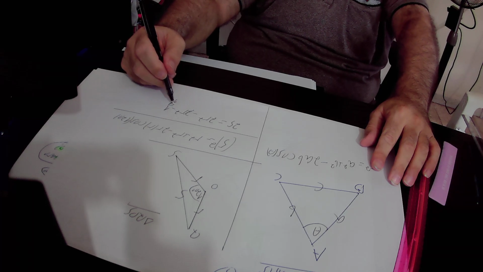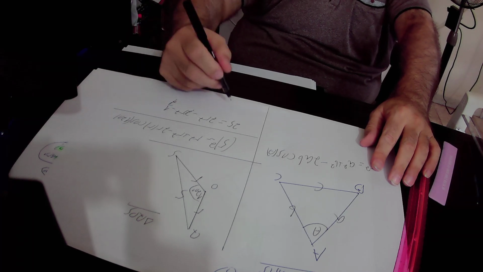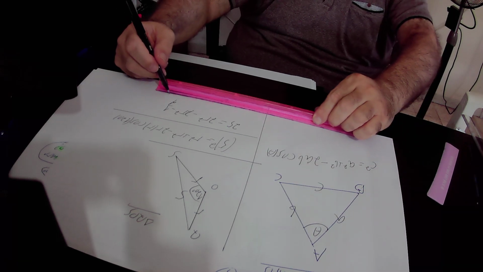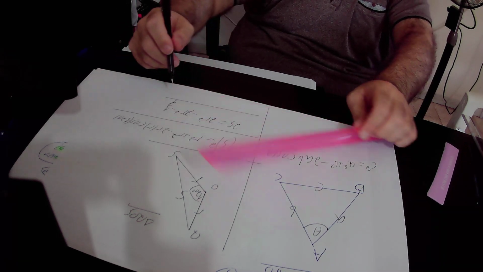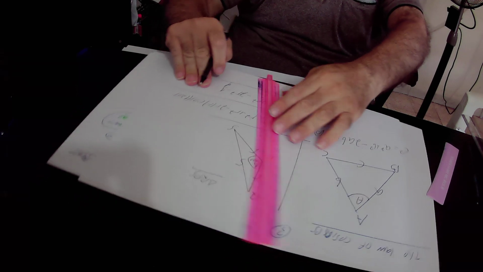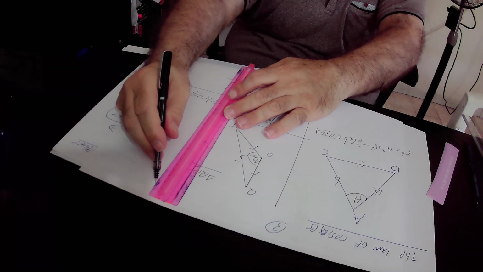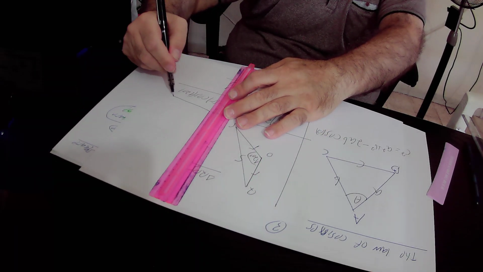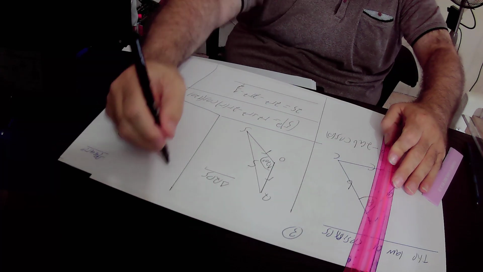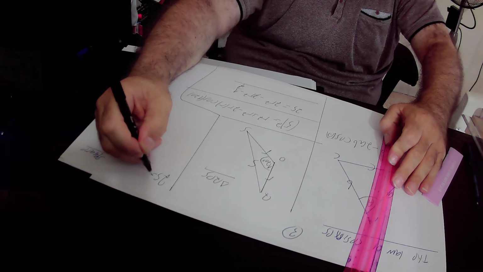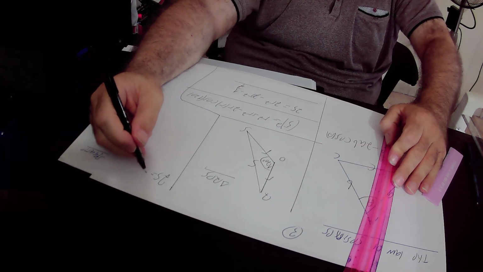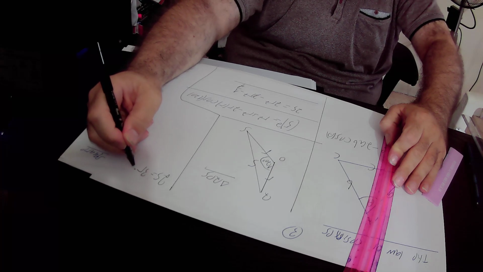Minus and minus is plus. So in conclusion, according to the law of cosines, 25 equals 2R squared plus R squared, which is 3R squared.